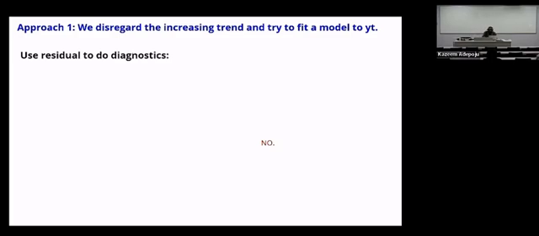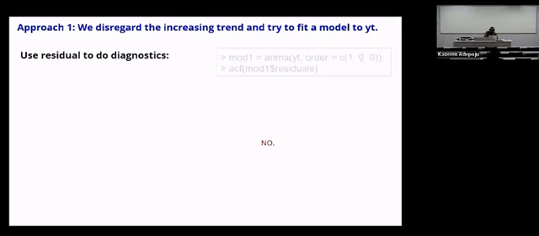So don't forget, when we generate the autocorrelation function plot for the residuals, what do we expect? If the residuals behave like white noise, what do we expect the behavior to be? At any lag, it should be zero, right? The autocorrelation function plot of the residuals has to be zero if the residual is white noise.